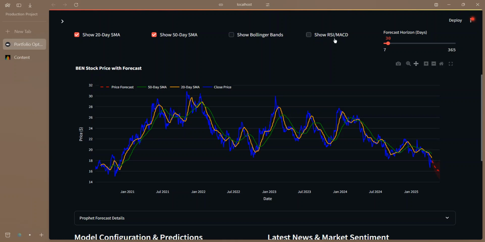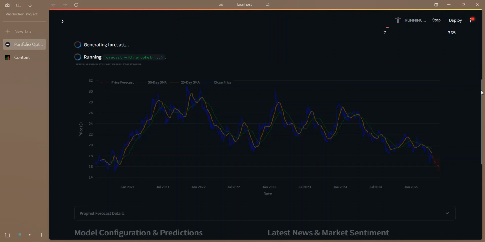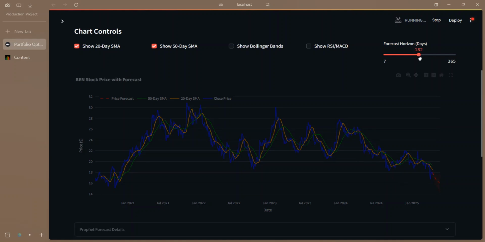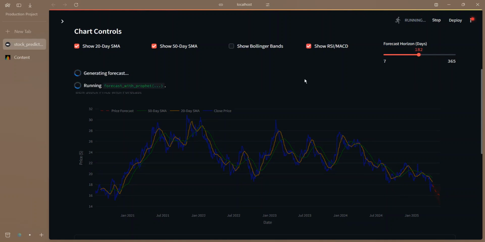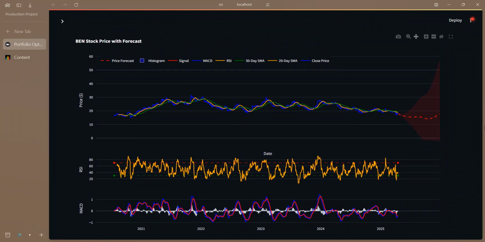And let's say I would increase also the forecast horizon, let's say to around 180 days. So basically, right now we can see the price, and then we can see the predicted price or the price forecast as the dotted line.